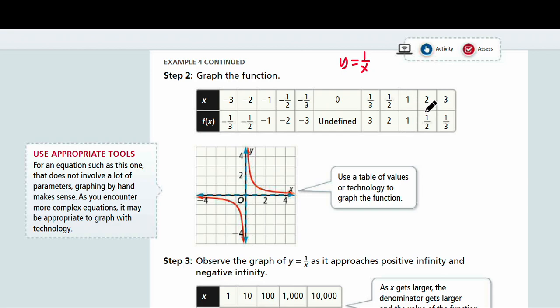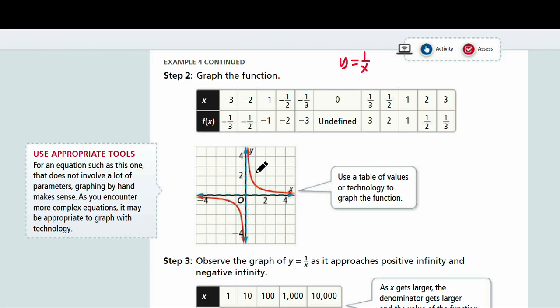Whenever x becomes greater, then y becomes smaller because it's a fraction. Think about the negative numbers as well. It's the same way, except in your negative values, the absolute value of y becomes greater when the absolute value of x becomes smaller. So it's in the same way.